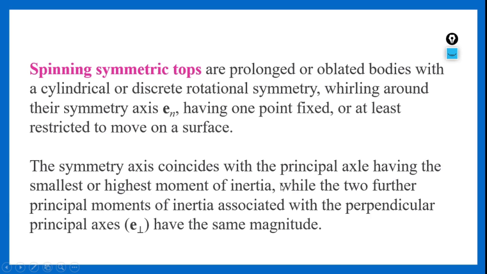So the symmetry axis coincides with the principal axis having the smallest or highest moment of inertia, while the two further principal moments of inertia associated with the perpendicular principal axes have the same magnitude.